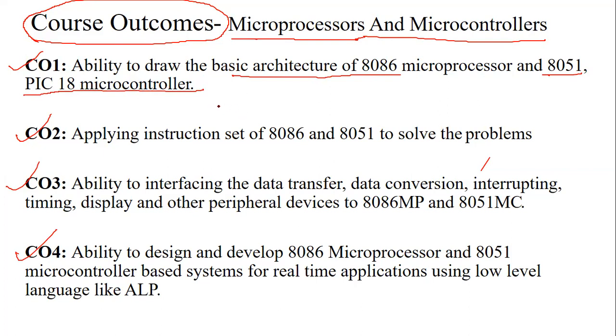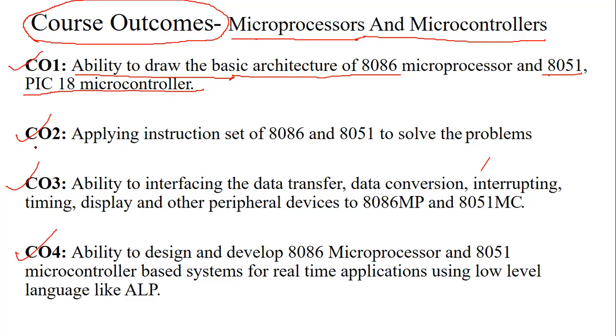Architectures means the diagrams of the microprocessor, how that architecture is available in the 8051 microcontroller and the PIC 18 microcontroller. After completion of the first unit of the syllabus, the student is able to draw the architectures, the basic structure of these three devices.